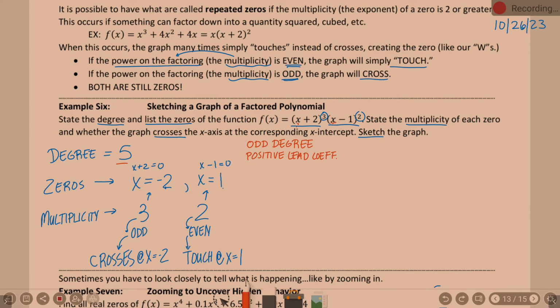Because my lead term is positive here. Now, odd degree, positive lead coefficient. Both sides go up. Do we have an up and a down? Down and an up? Down, down? What's my graph look like? Down. Or left side's down. Right side. Okay, down and up.